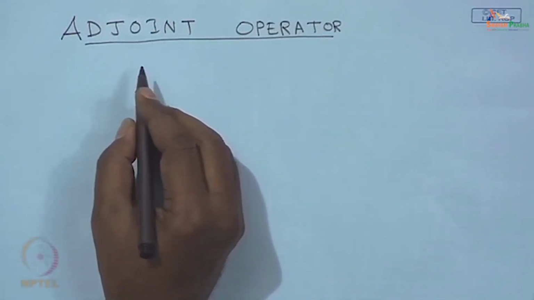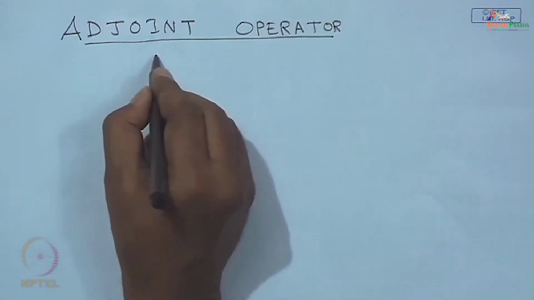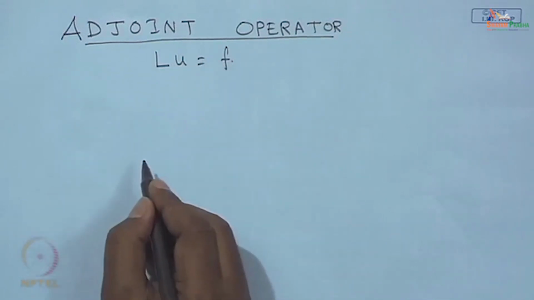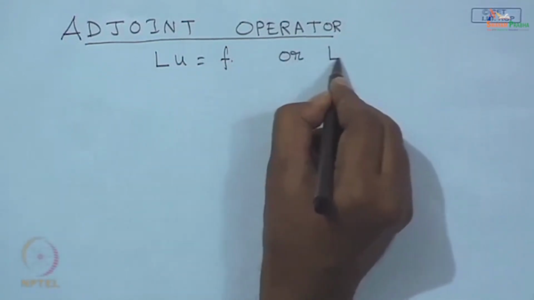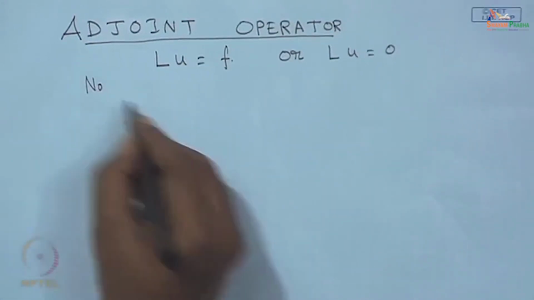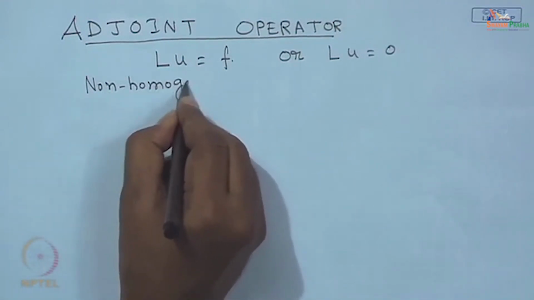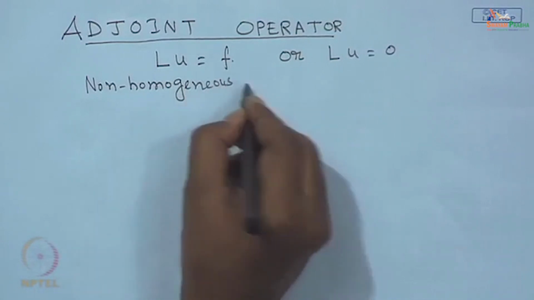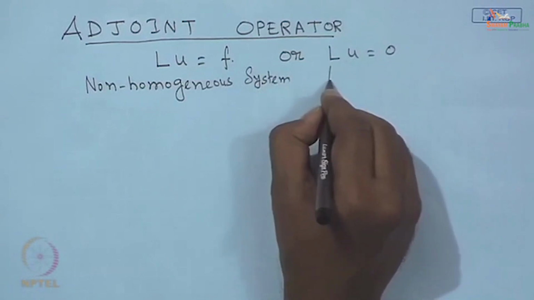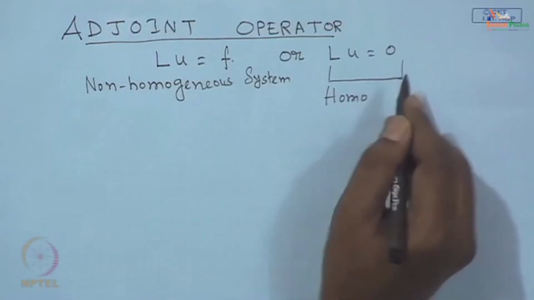Now, any chemical engineering system can be expressed in a mathematical form, in this form LU is equal to F, or LU is equal to 0. This is for a generalized non-homogeneous system, and this is for a homogeneous system.